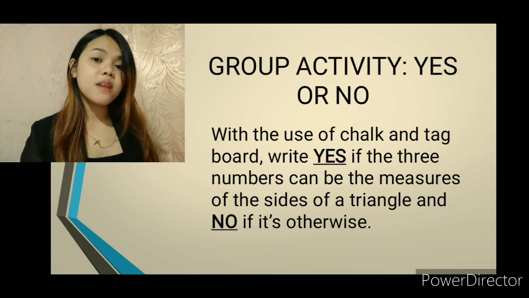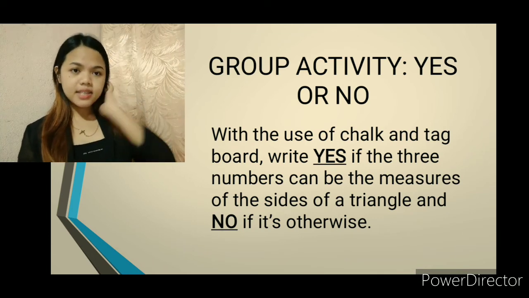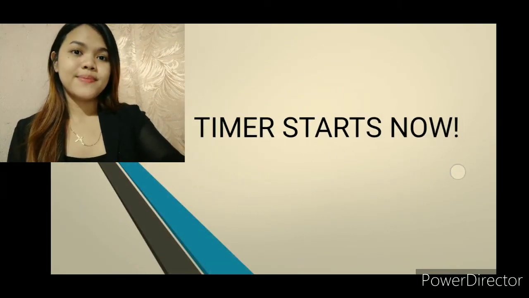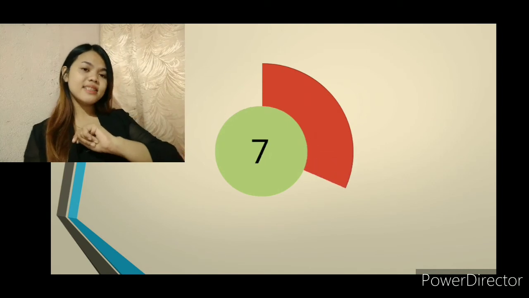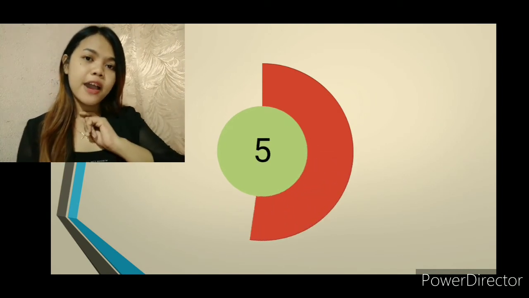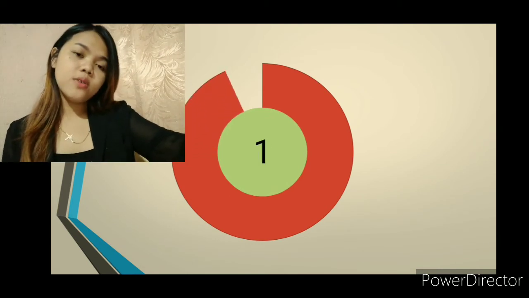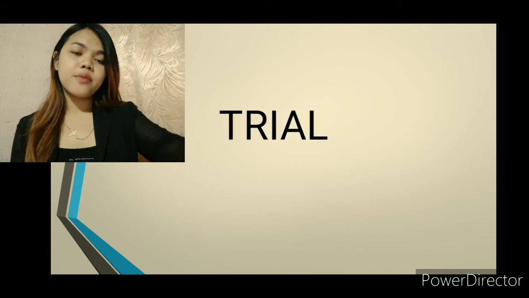When time is up, you need to raise your tagboards. Okay, so let's have a trial. 10, 9, 8, 7, 6, 5, 4, 3, 2, 1. So only 10 seconds, and you need to raise your tagboards.